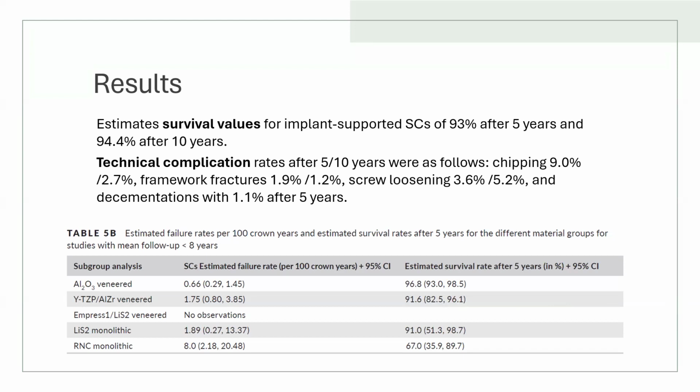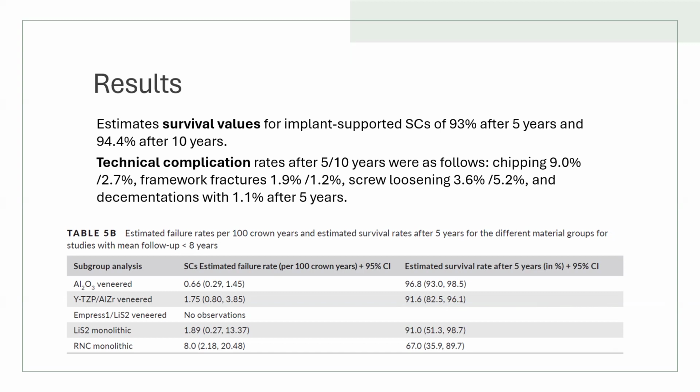Chipping was the most commonly reported complication: 9% after 5 years and 2.7% after 10 years, followed by screw loosening, 3.6% after 5 years and 5% after 10 years, and then framework fracture, almost 2% after 5 years and 1% after 10 years, and debonding or decementation, 1% after 5 years, and there were no available data to estimate the percentage after 10 years for debonding or decementation. Okay.